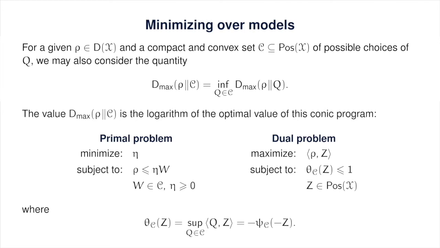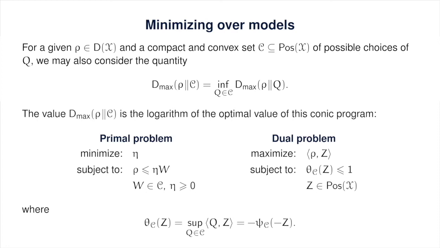The primal formulation is obtained by simply unwrapping the definition of the max relative entropy. It may look for a moment like we have introduced a quadratic constraint, given that eta is multiplied by W. But if you think about the trick we used when we formulated the minimization over actual states as a conic program, you may see that the primal problem that we have here is also very easily cast as a conic program.